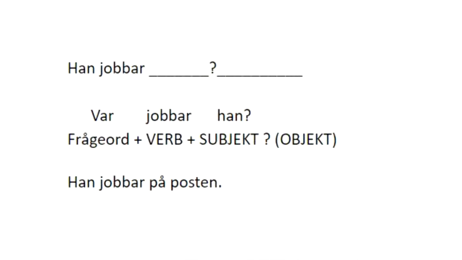Then we follow the rule that applies to questions in general and that we apply to yes-no questions on step 2. That is, first we put the verb, then the subject, and then the object if you have any. So we end up having var jobbar han. We don't have an object in this question.